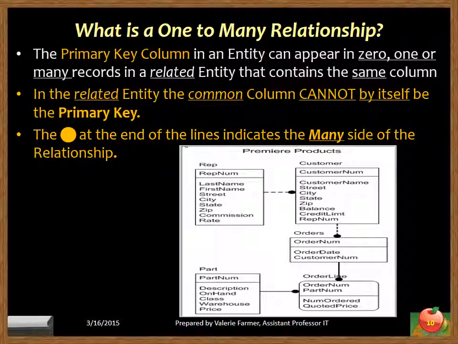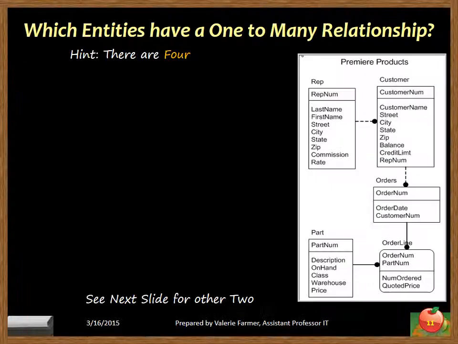In the related entity, the common column cannot by itself be the primary key. The dot at the end of the line indicates the many side of the relationship. Which entities have a one-to-many relationship? Hint, there are 4.